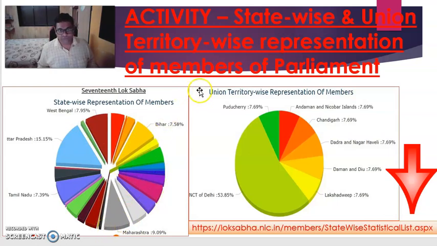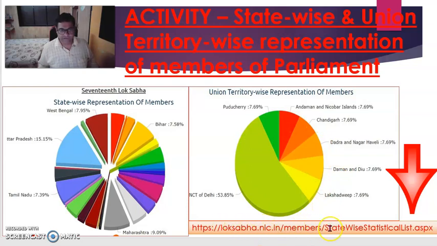And now there's a new thing, the union territory-wise. Here you can see the pie chart of the union territories. I want you to find out the names of these places and also the number of seats occupied by the members of parliament.